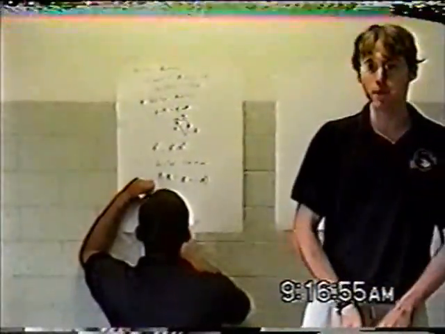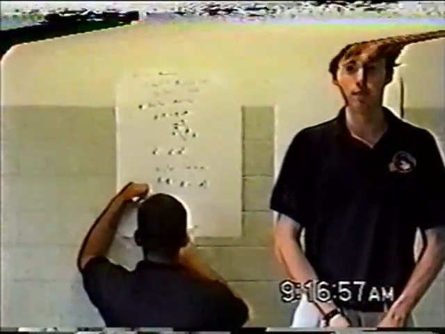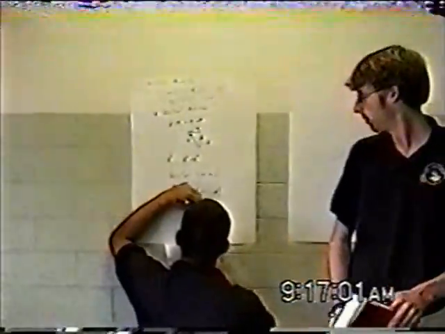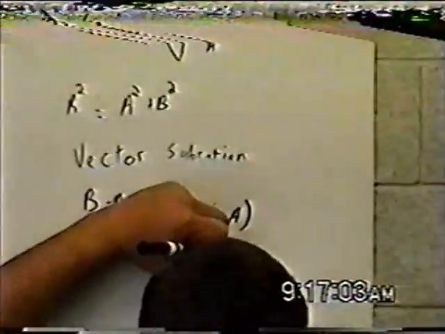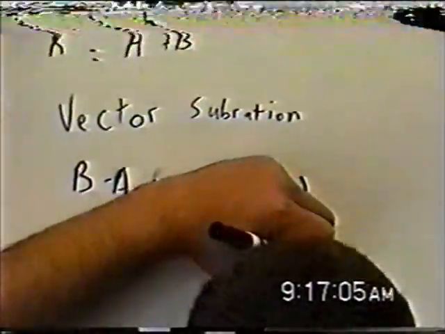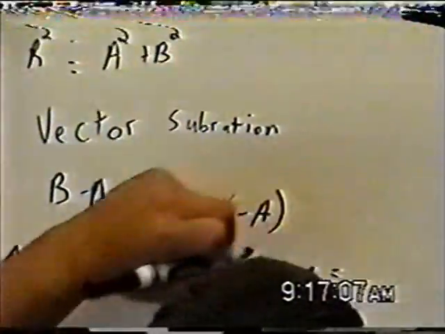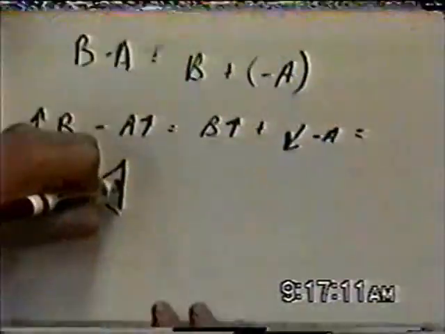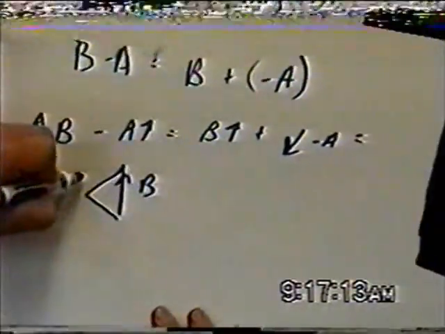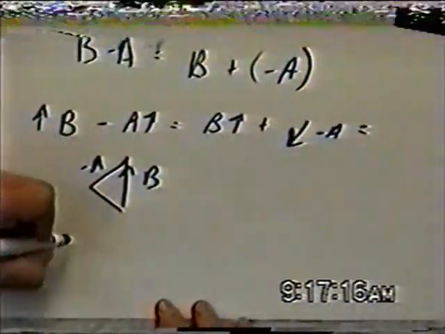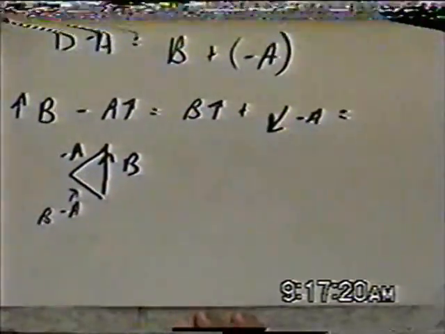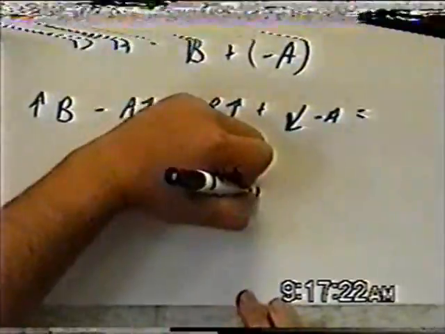It would be B minus A equals B plus quantity negative A. And in just a second, Antonio will show you some drawings for that. If the vectors are going in a negative direction, the vector that's smallest is usually given the negative. So when they're added, you'll get a positive answer.